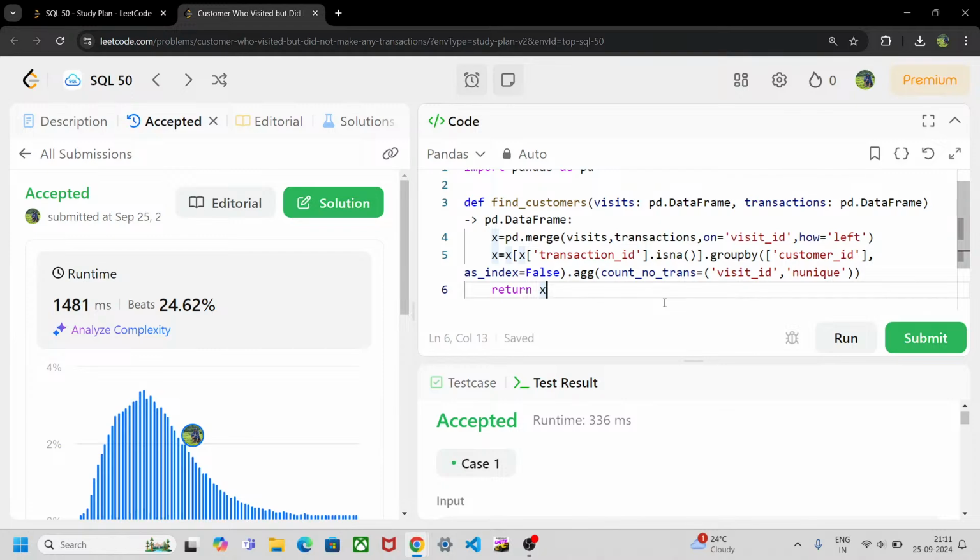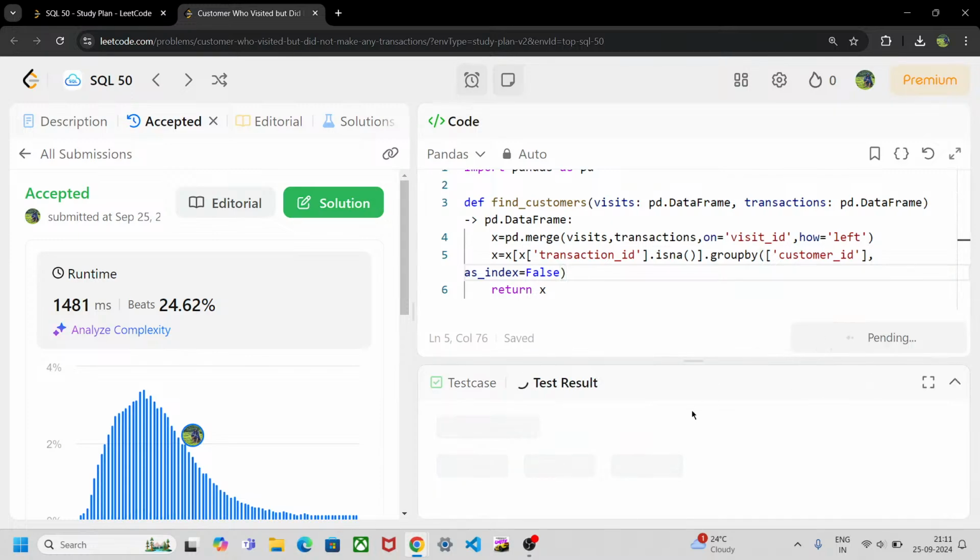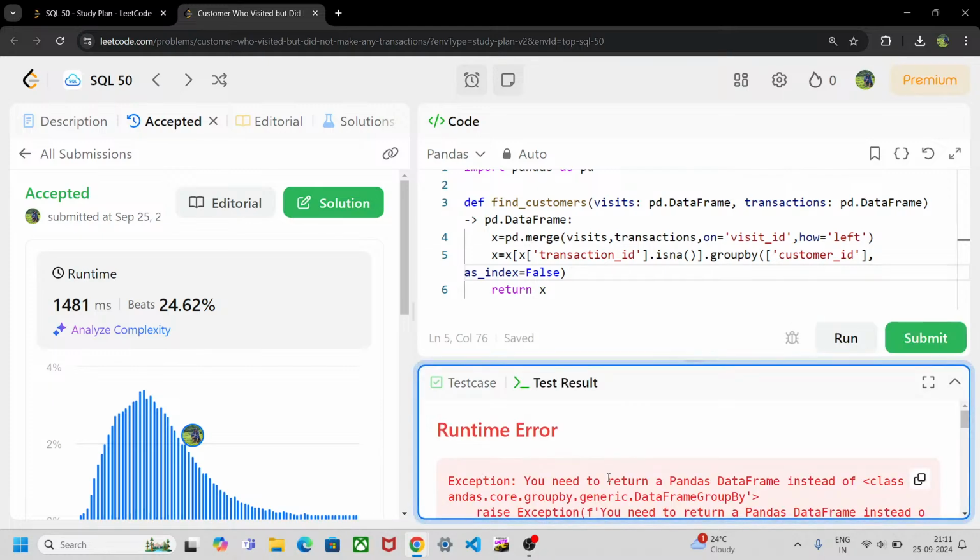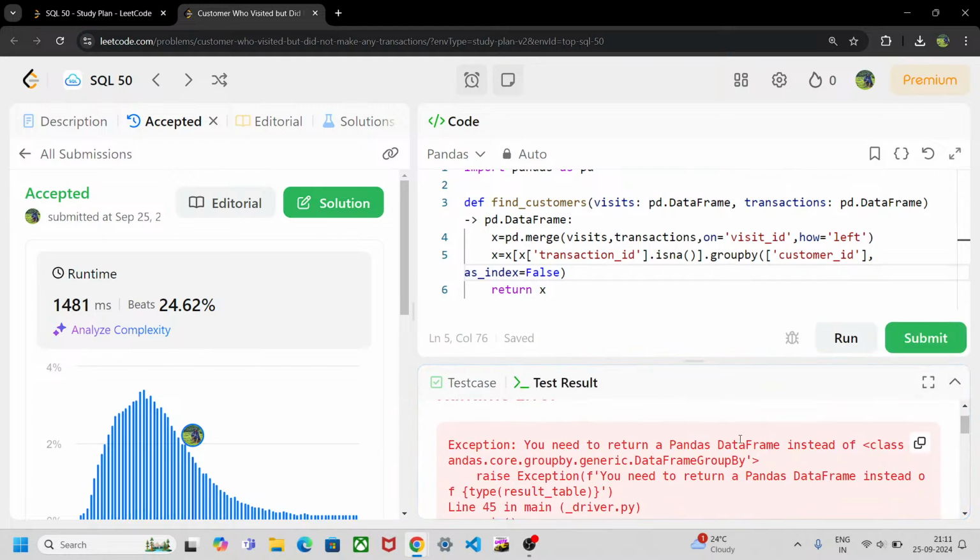So that we will understand it. Let's remove the aggregation part and see if it works. Sometimes it says you need to return the data frame.